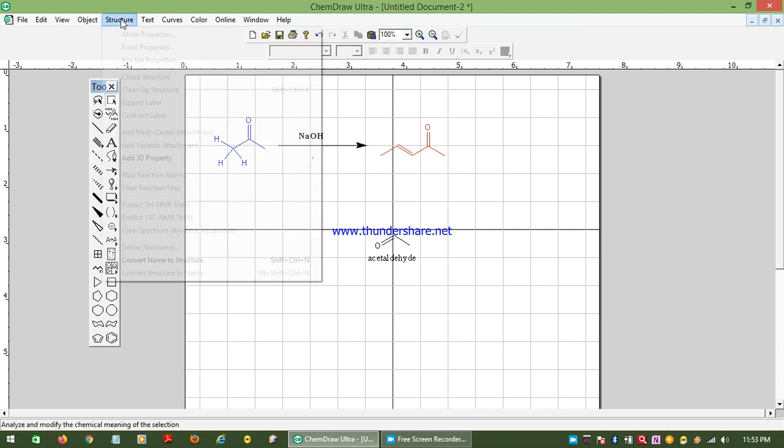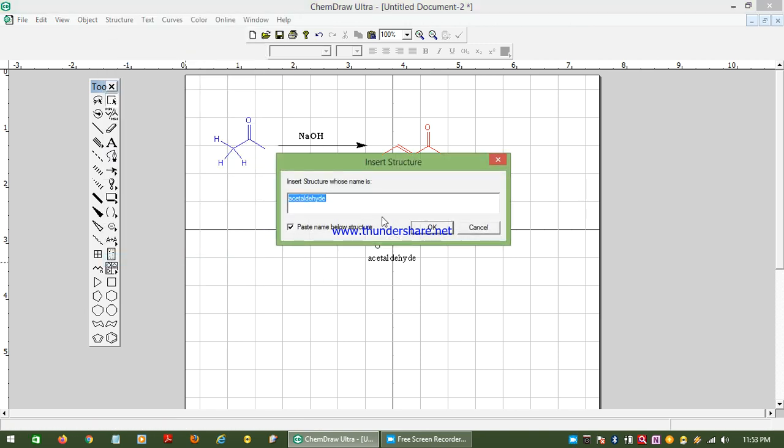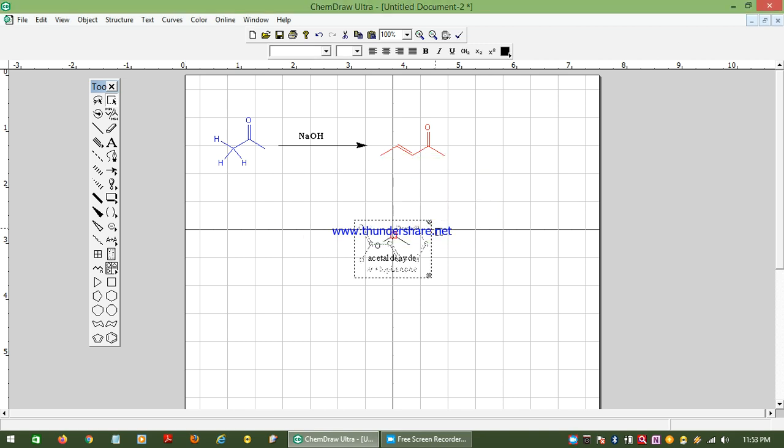Or you can have some big molecule, acetophenone. Just take it here. You get the picture of molecule quickly over here.